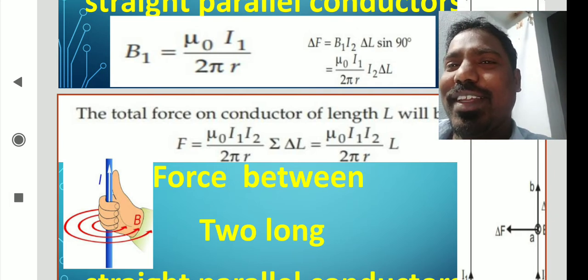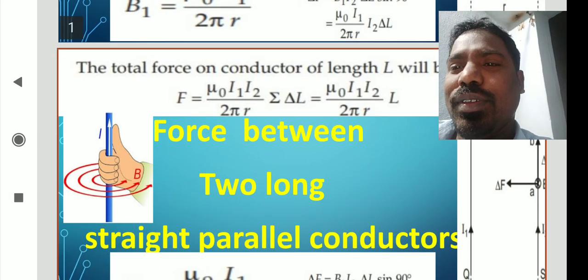Today's session is about the force between two long straight parallel conductors.